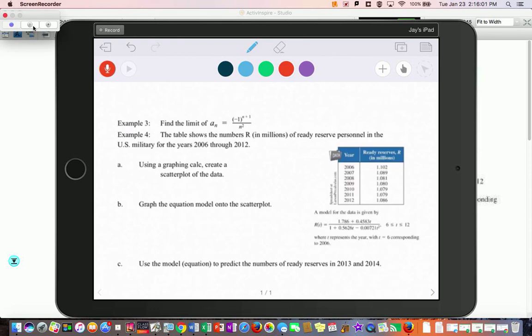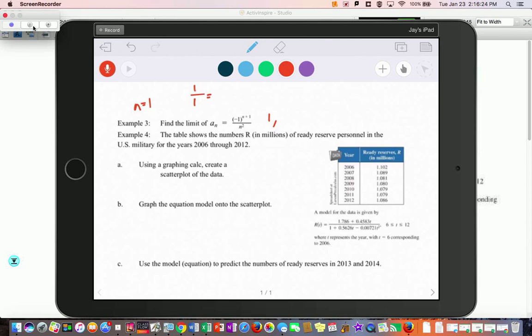Okay, so the example 3, they're trying to be a little bit tricky. So if you put in a 1, so start with n is 1, I get -1 to the second power, which will be a 1. And on the bottom, I get 1 squared, which is 1, so I'm getting 1.